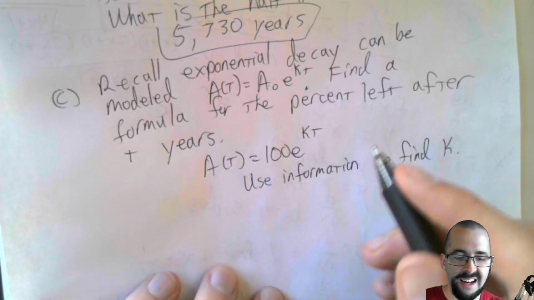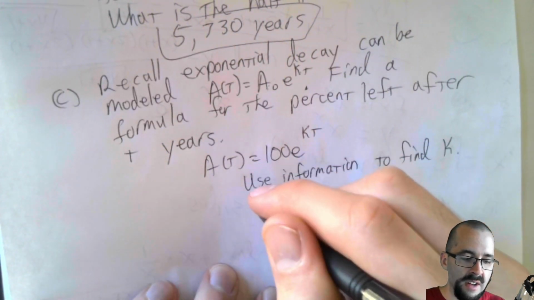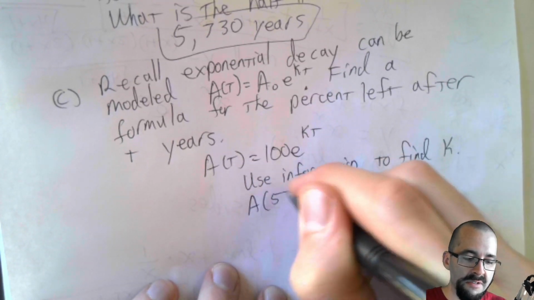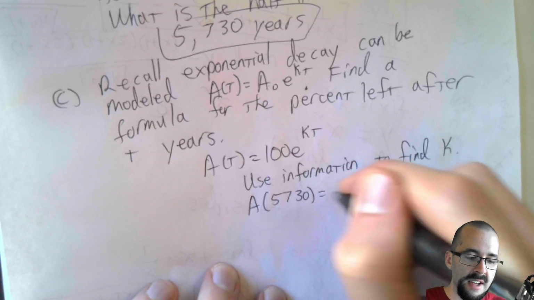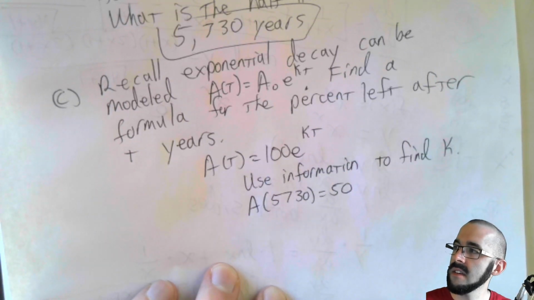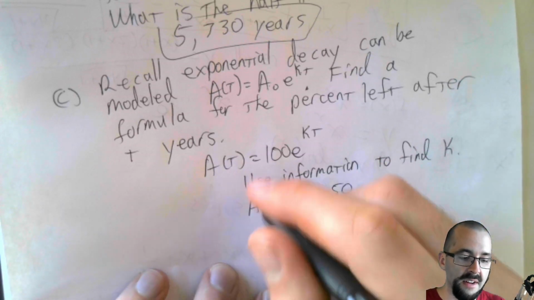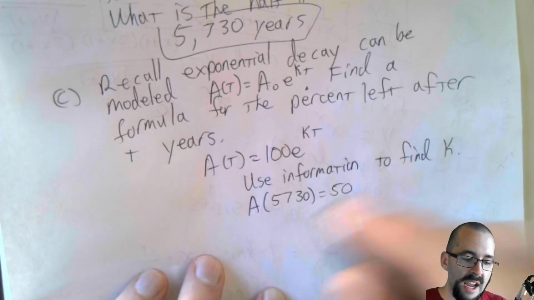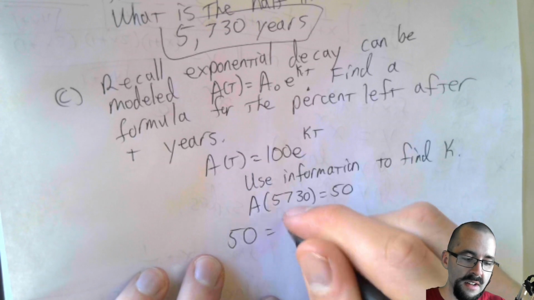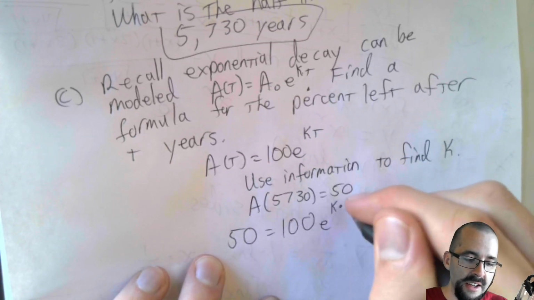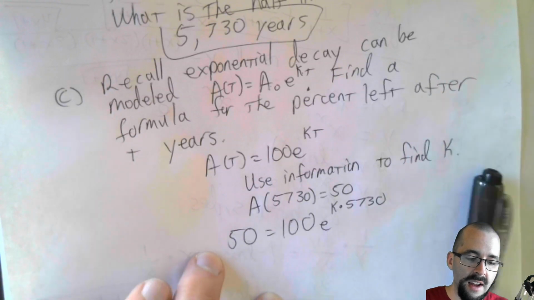So we know A of 5,730 years is equal to 50%. So plug that in. A of t is going to be 50, and that's going to be when t is 5730.